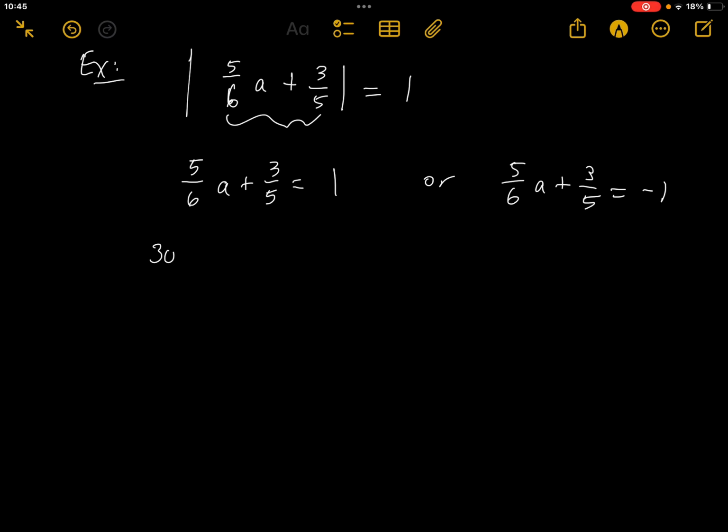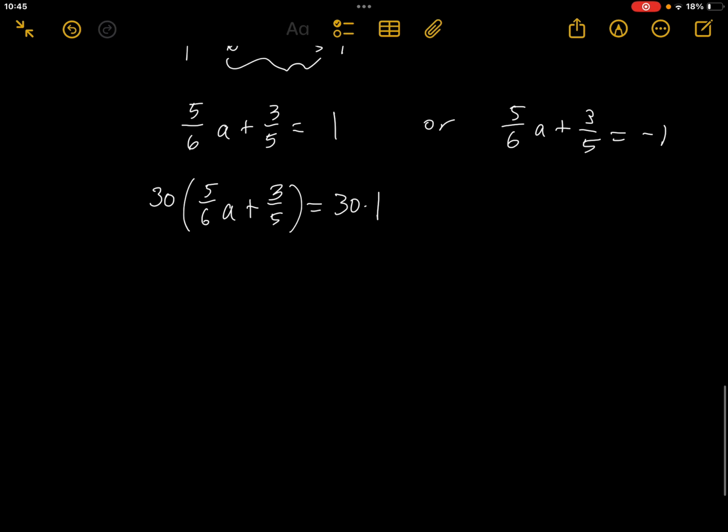If I multiply both sides by 30, what am I going to get? I distribute the 30 across on the left. 30 times 5 over 6. Well, 30 divided by 6 is 5. 5 times 5 is 25. So I get 25a plus, and then 30 divided by 5 is 6. 6 times 3 is 18. So I get 18 equals 30.